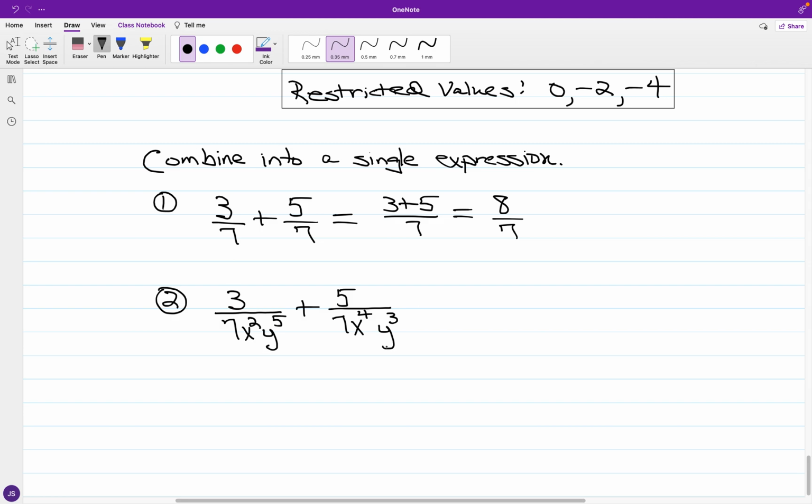Okay, and for what we have in this case, to be able to combine, I need a common denominator.